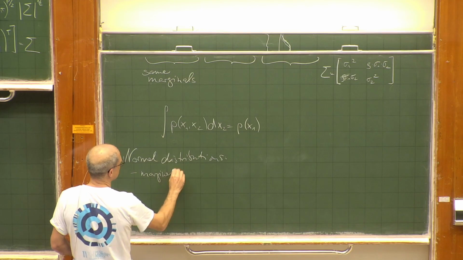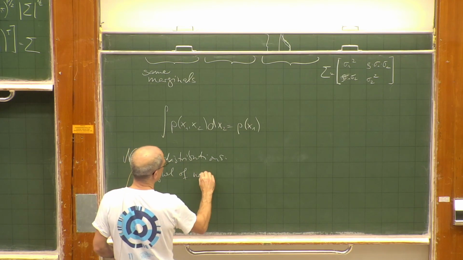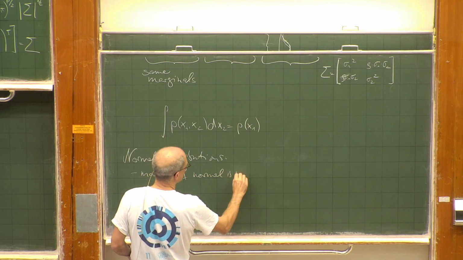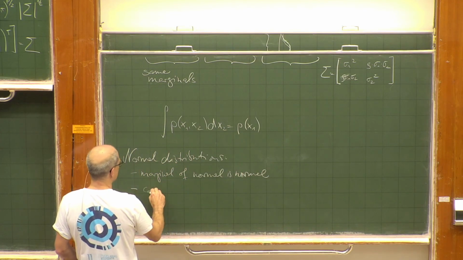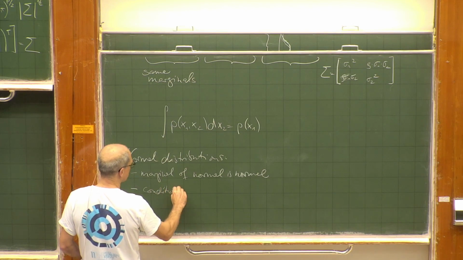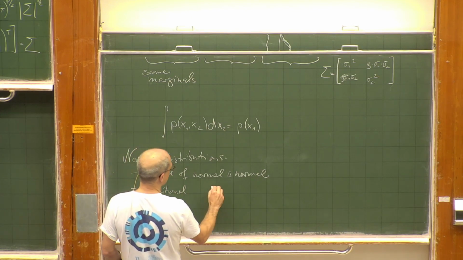So what we have is that the marginal of a normal is normal. What we have is that the conditional distribution of a normal is normal.